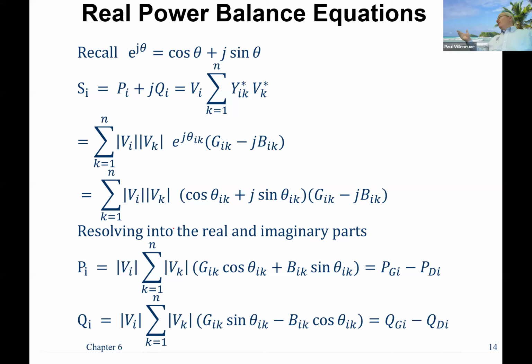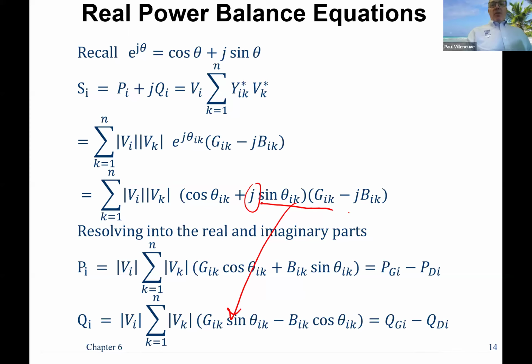So now all I need to do, in that last equation before I define P and Q, is figure out what is complex and what is real. Anytime there's a j, like when I multiply j sine theta_IK times G_IK, that gets put into the Q. So you can see here, sine theta_IK, G_IK, that's a complex number because of the j term, but the reactive power Q is just G sine theta.